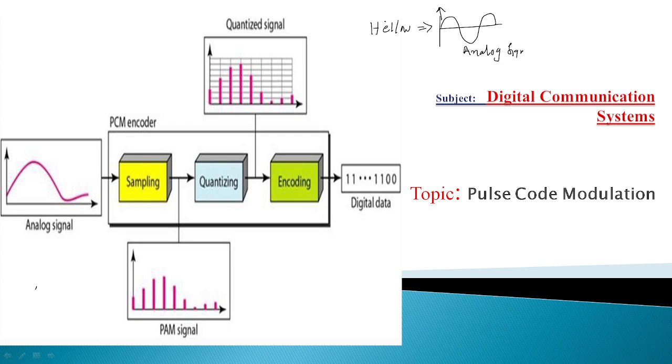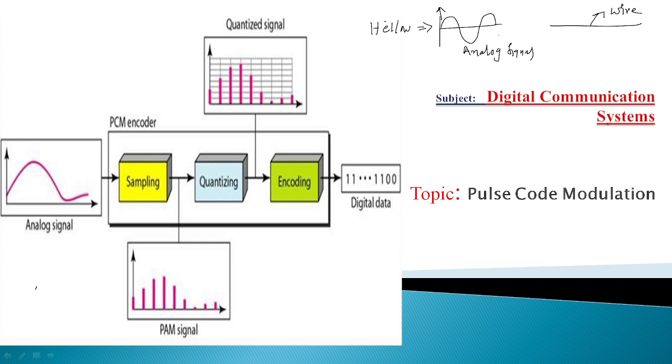If you want to transmit it directly using analog modulations, it is analog transmission. But if you transmit directly after amplitude modulation or analog modulation techniques through wire or wireless, you may get more distortion, you may lose the signal.